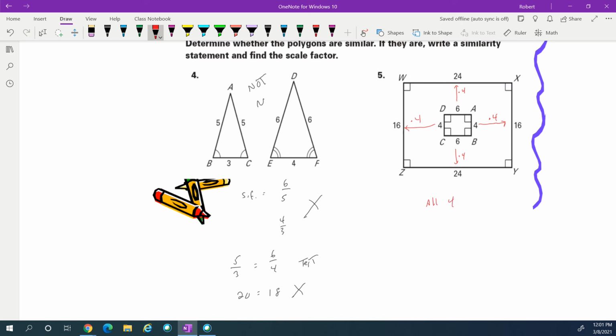So all 4 sides have the same scale factor. These are similar. These are definitely similar polygons for that reason. Okay. And we'll get more into testing for similarity in the next section.